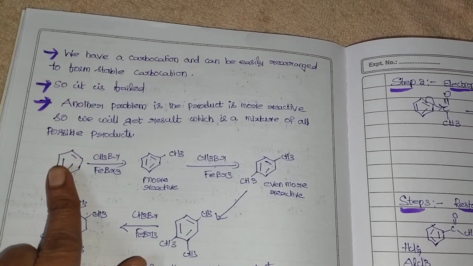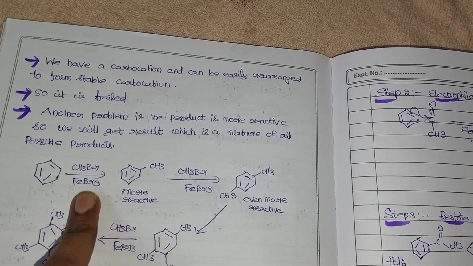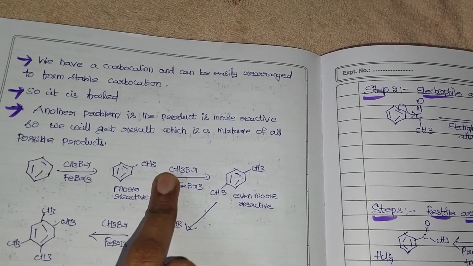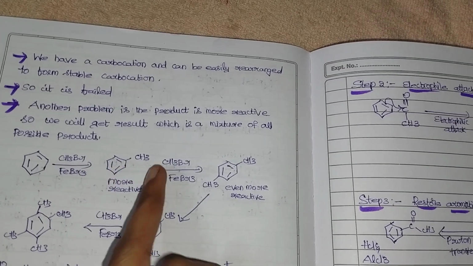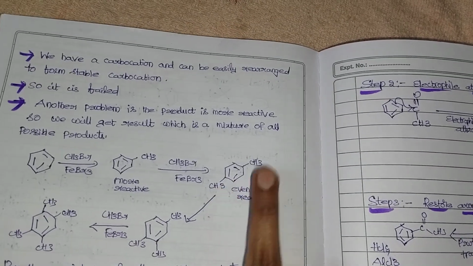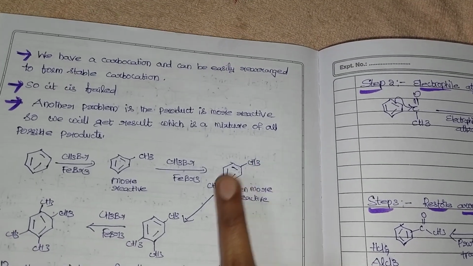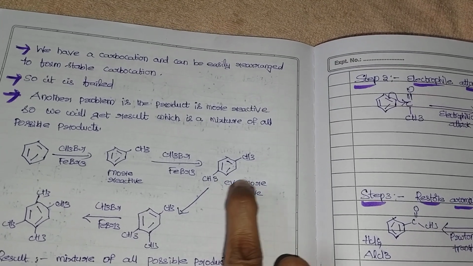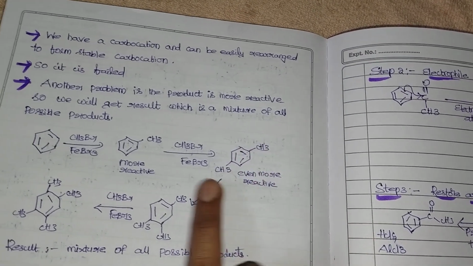For example here, benzene reacts with CH3Br in the presence of FeBr3, and we get methyl benzene, which is more reactive than benzene. Again it continues its reaction for more methylation. At the two ortho positions and the meta position, methylation takes place again.